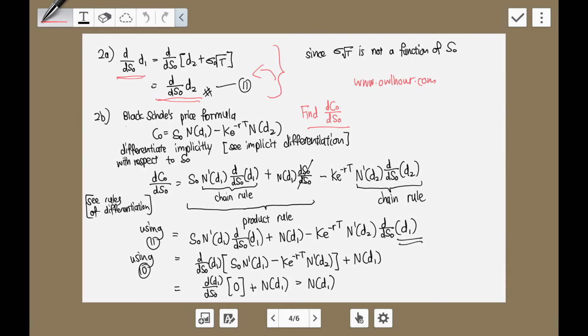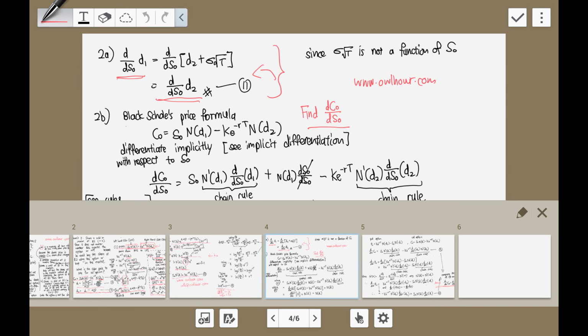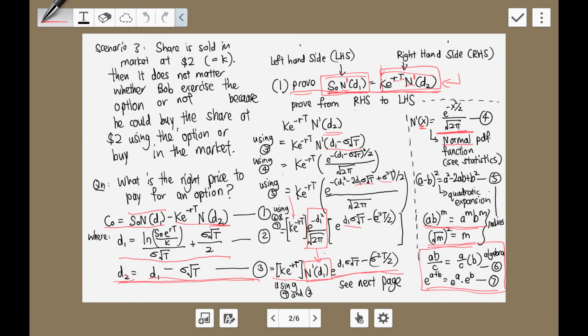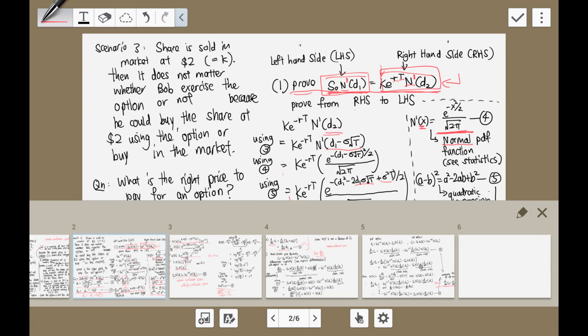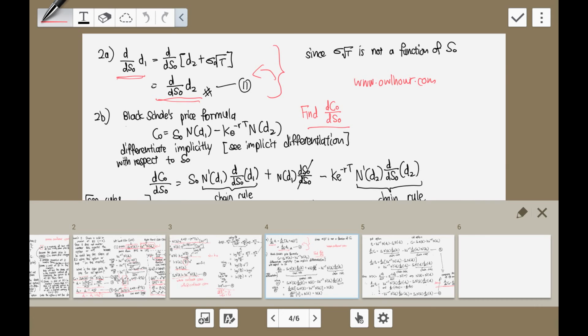Because we know that d1 is equal to d2 plus sigma root T, by basic algebra I just bring it over, so my d1 would be equal to d2 plus sigma root T.